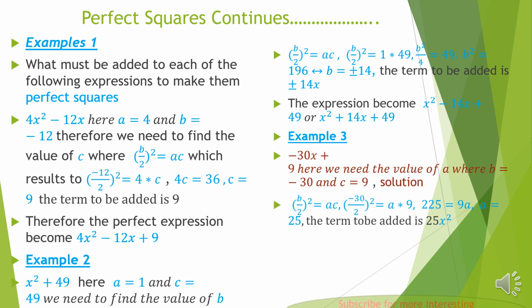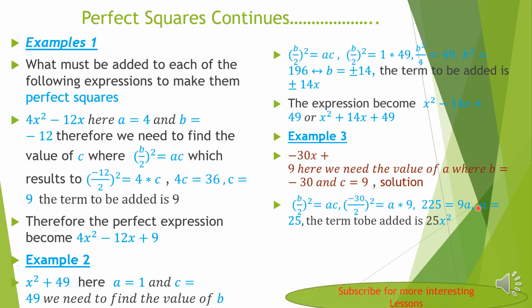Remember that B over 2 squared equals AC for perfect square expressions. And therefore, we substitute the values given. Negative 30 over 2 squared equals A, unknown, times 9, which is C. By simplifying that expression, we end up with 225 equals 9A.